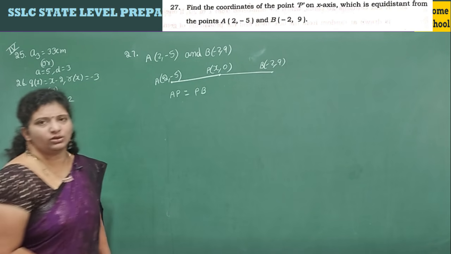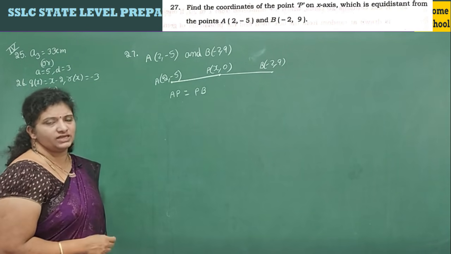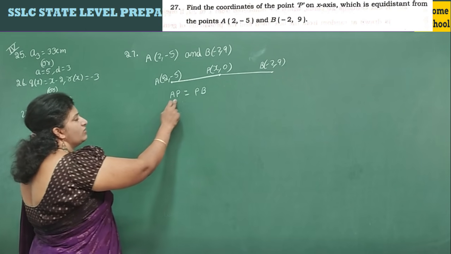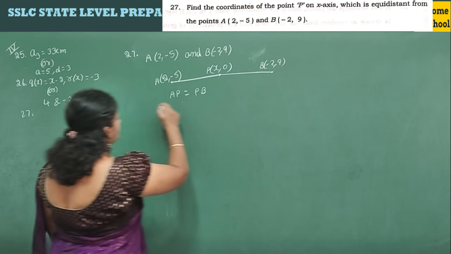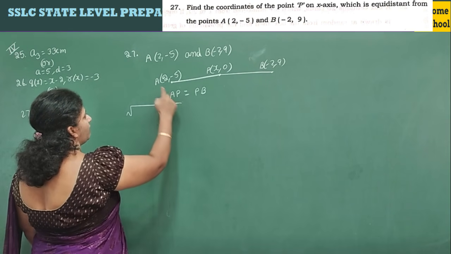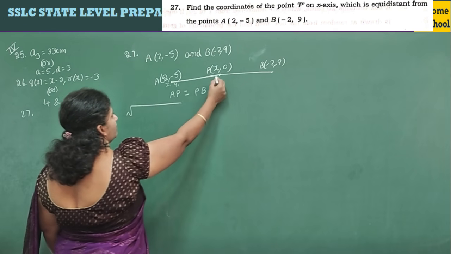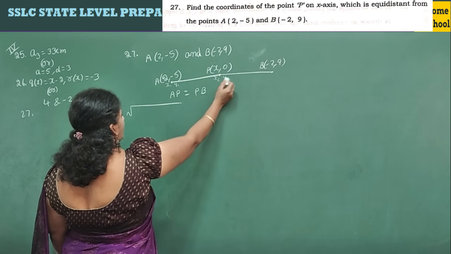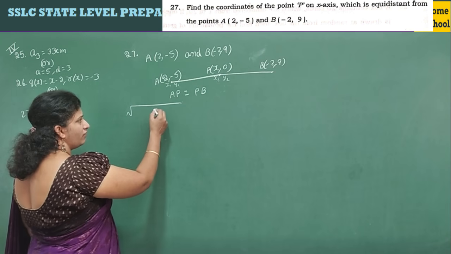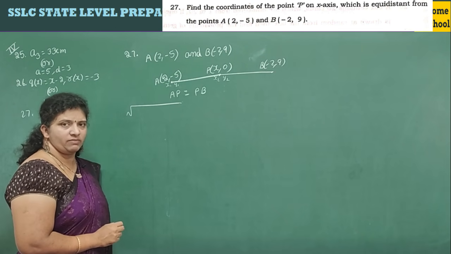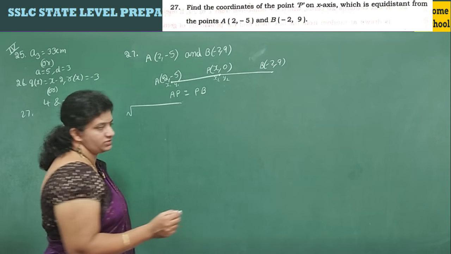Try to understand the question carefully, and it is anyhow directly from textbook. AP, by using distance formula, right here, AP distance. Here when you consider AP, this is x1, y1 and this is x2, y2. Directly apply the formula. What is distance formula? Square root of x2 minus x1 whole square plus y2 minus y1 whole square.